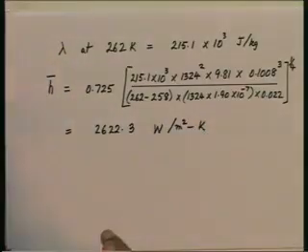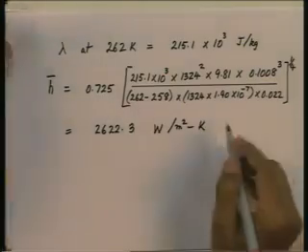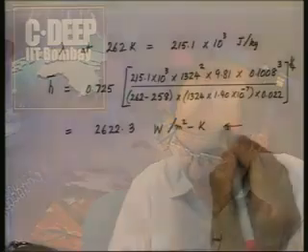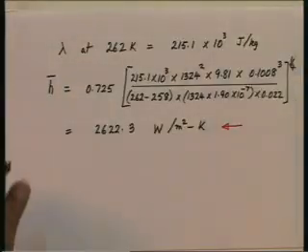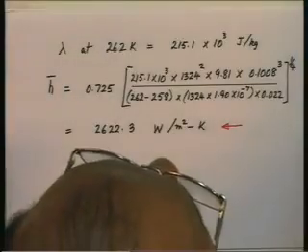So, this is the first answer that you are looking for, the value of the average heat transfer coefficient. The second thing we have been asked to find is the film Reynolds number at the bottom of the tube.